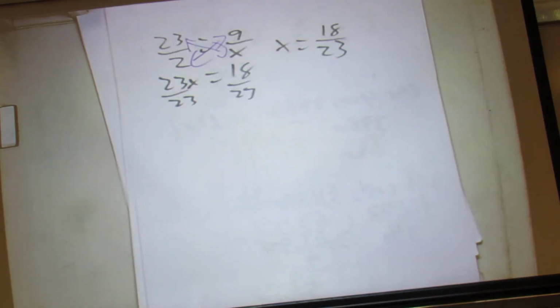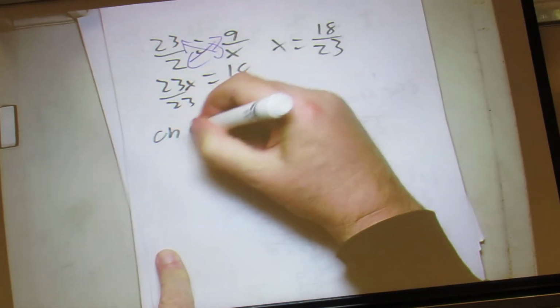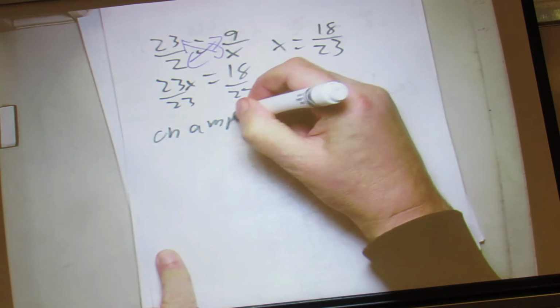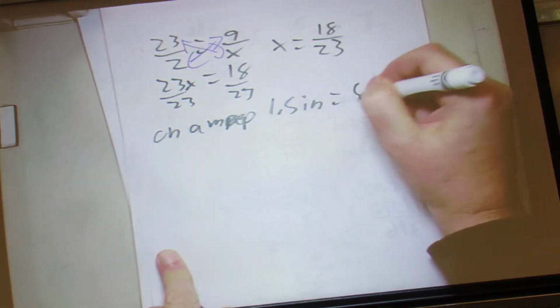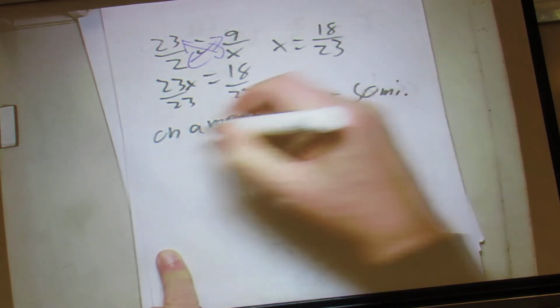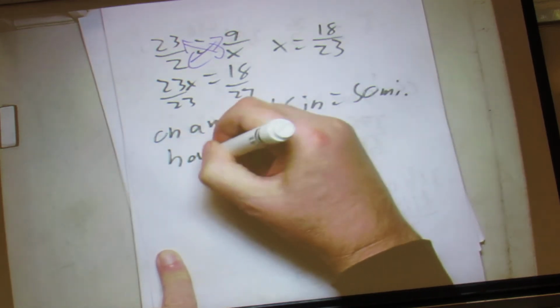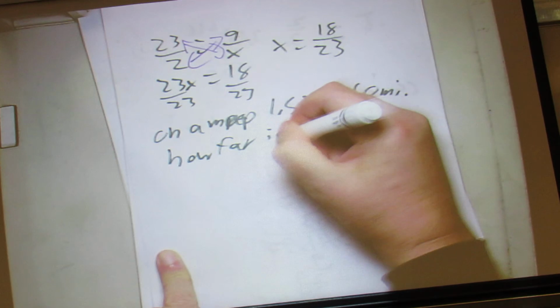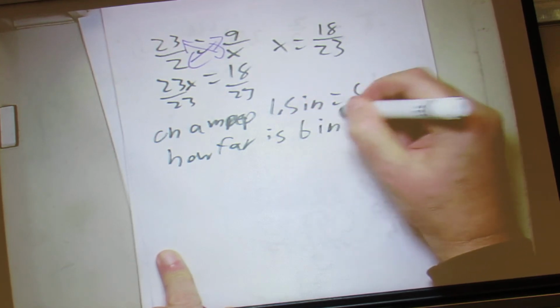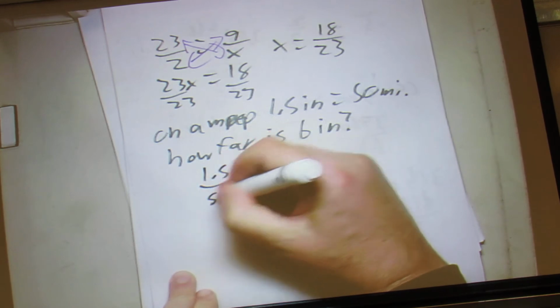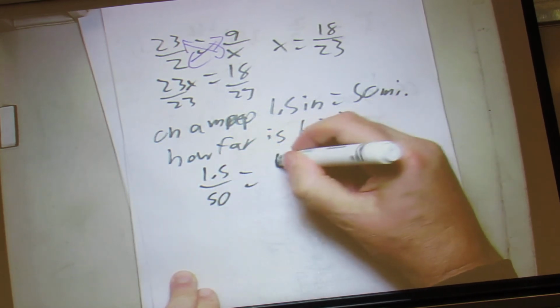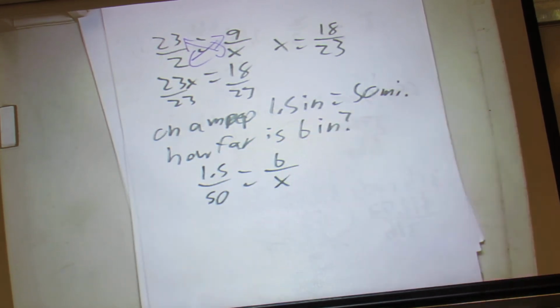Then we're going to have another ratio, but it's a word problem. So on a map, 1.5 inches equals 50 miles. How far is 6 inches in real life? So we set it up 1.5 is to 50 as 6 is to x.